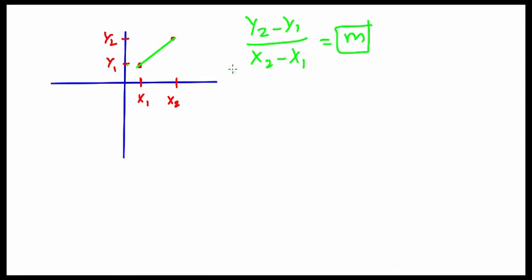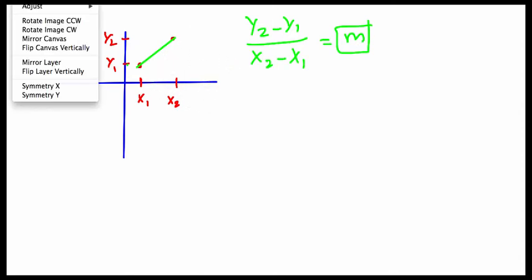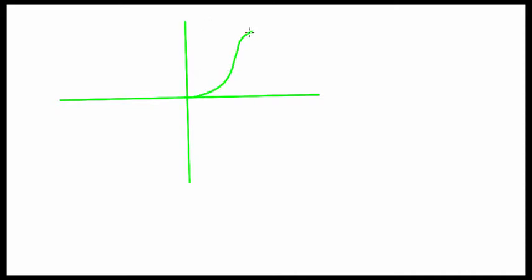So the derivative is exactly the same as slope, but the difference is, let me draw some axes here. Let's say you have a curve like this.